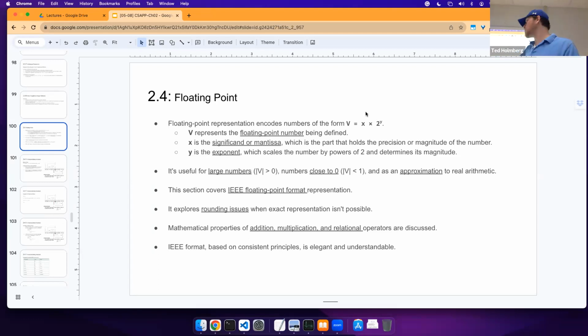So why do we want to model our formula like this? We're going to see this in subsection 2 of this slide deck, but it's because it's going to be really useful for being able to encode very large numbers. And it's also going to be very useful for being able to encode numbers that are very close to 0, which are also very large in terms of creating a binary string.